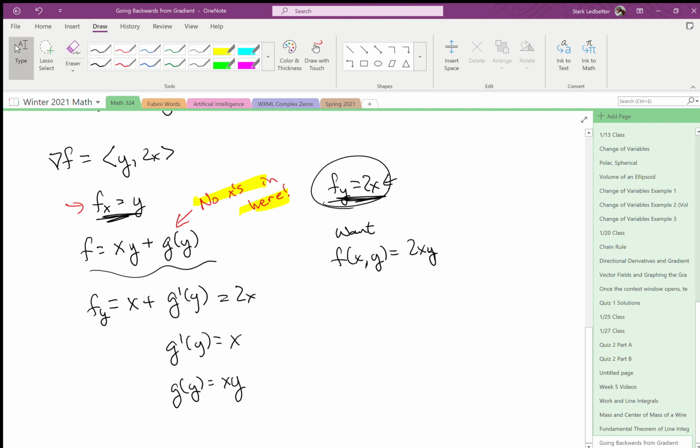But my partial derivative of f with respect to x wants my f to be just xy. So they're in conflict. So here, actually, no f exists that has this gradient. And in some cases, you'll get that. Gradient of f equals y comma 2x.